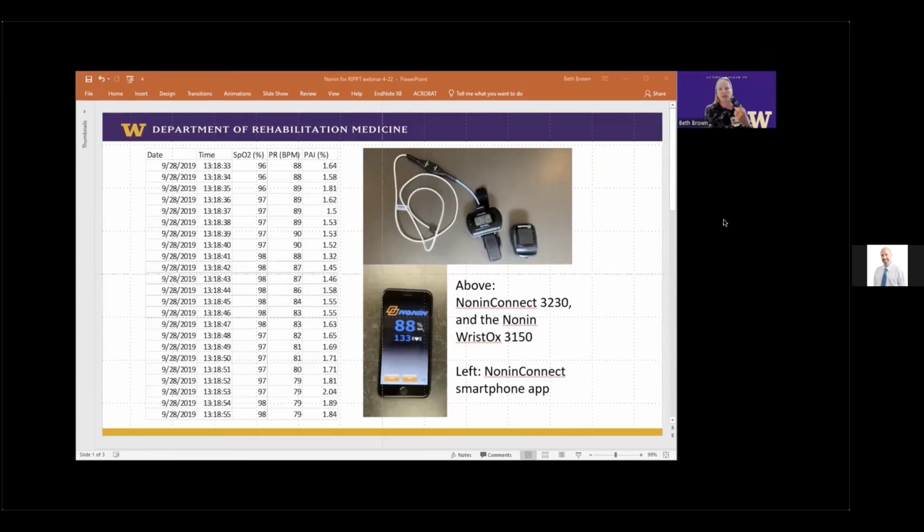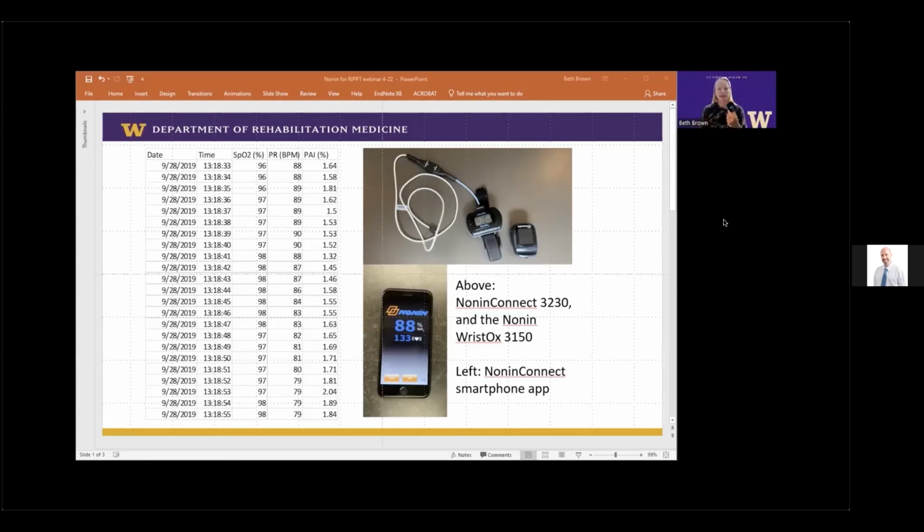Or we use the Nonin wristox 3150, which has a wrist piece like this that can go onto the wrist or upper arm. And it has an attachment for the fingertip. So the wristox is this piece and this fingertip attachment.